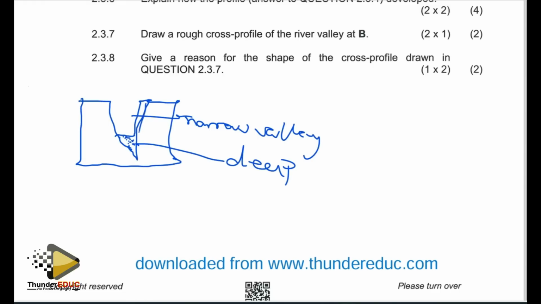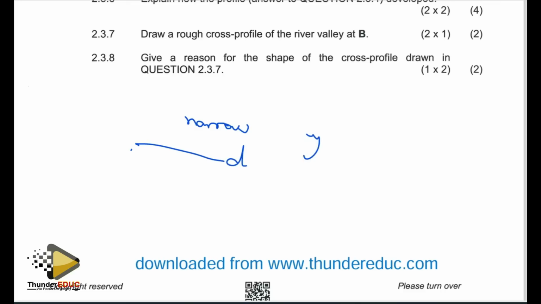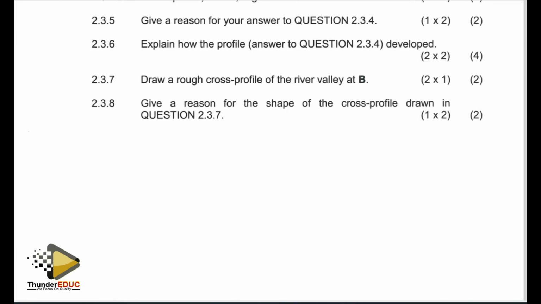It will mean that the river will have a deep valley. The valley will be deep and narrow. So basically, you can draw a profile which resembles something like that. A river which has a narrow valley and which is deep. That is typical. And also the discharge of the river will be very minimal. It will have limited discharge because it's just in its youthful stage.